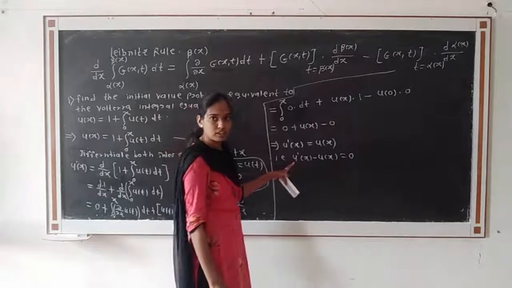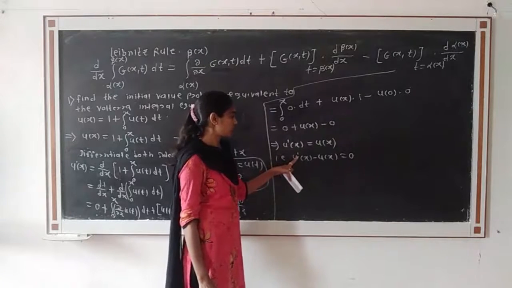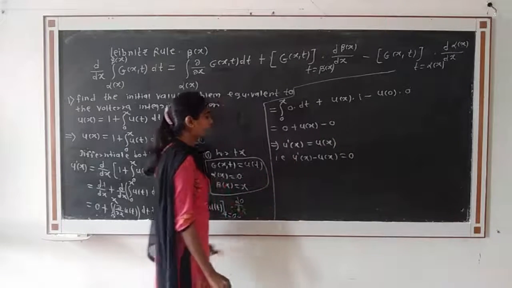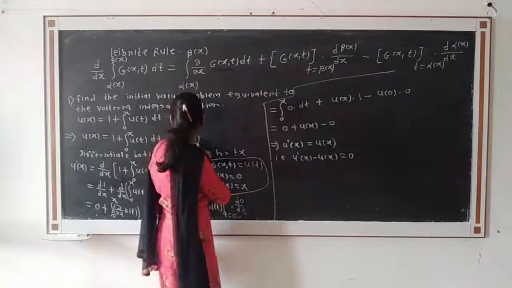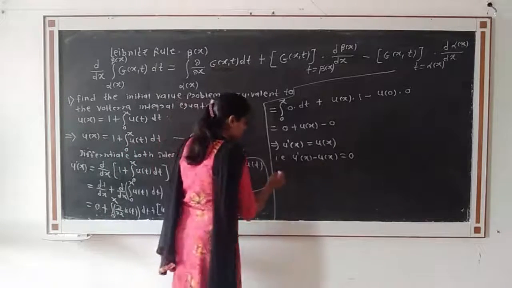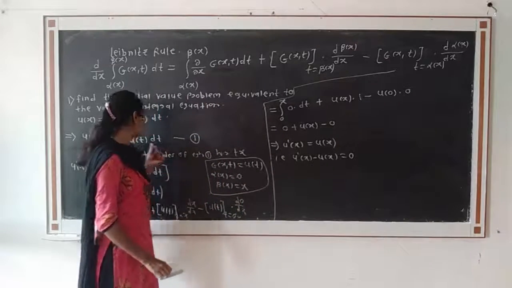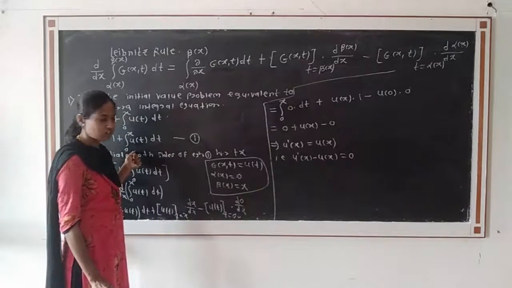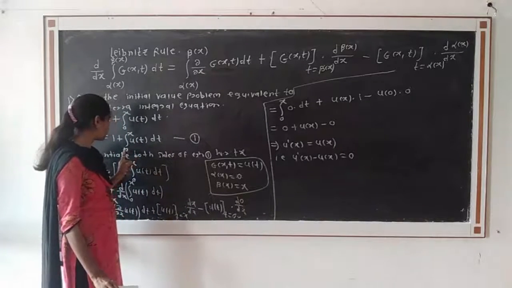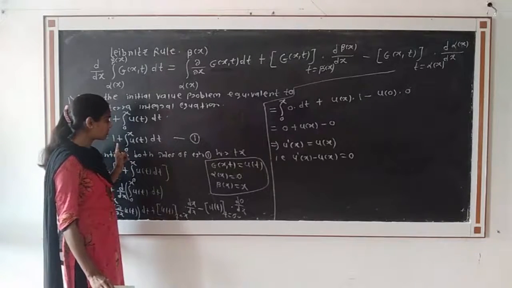Here the ordinary differential equation is of order 1. Therefore, we find one initial condition by using equation number 1. For finding the initial condition, we have to use the lower limit of the given integral equation. Put the lower limit of the given integral equation in equation 1.